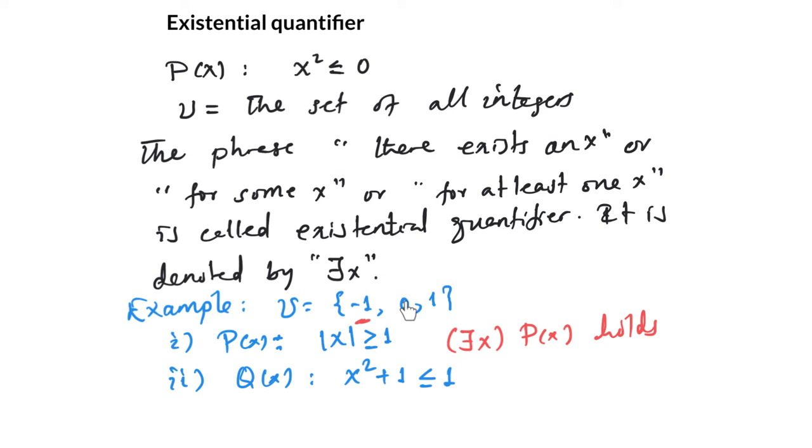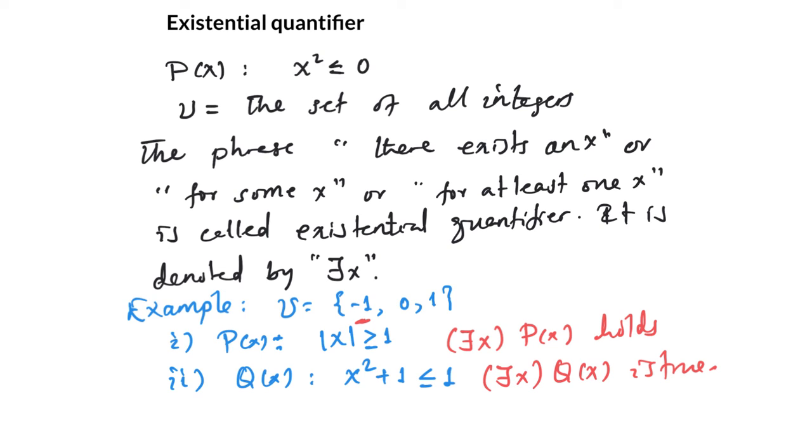But if I put 0 here, 0 squared plus 1 is 1, and 1 equals 1. Hence Q of x is true for exactly one element in this universal set. Therefore, one can say there exists an x such that Q of x is true. This is how we decide whether a given quantified proposition is true or not.